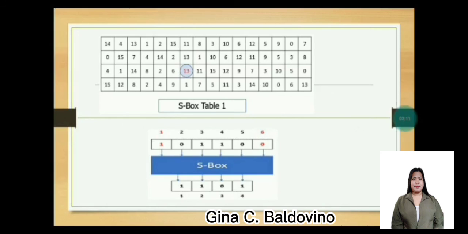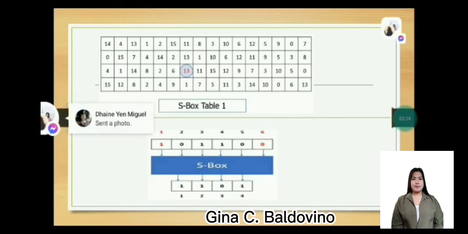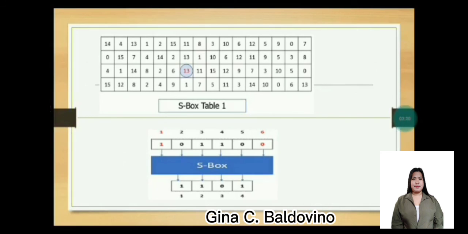The value at the intersection of the second row and sixth column represents the 4-bit output of the corresponding S-box. In our example, the intersection of the second row and sixth column is 13, and its 4-bit representation is 1101. So the output of S-box 1 is 1101.